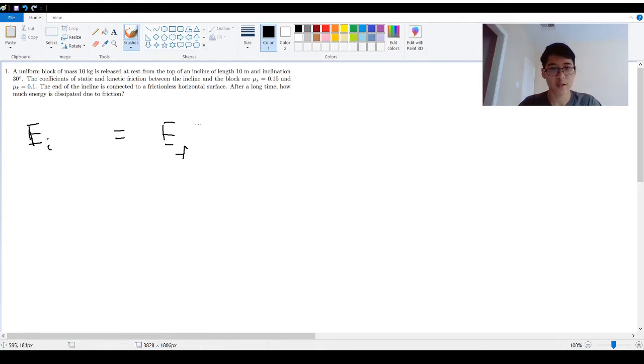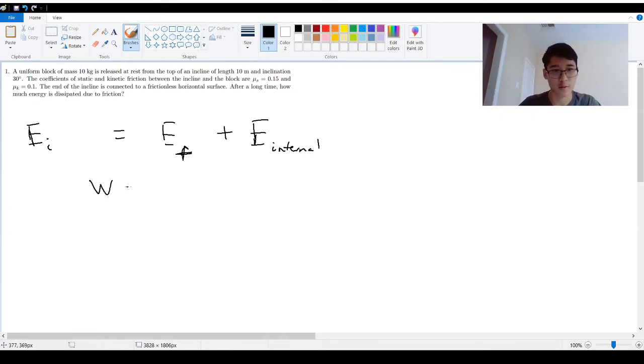So what we can write is that we have an initial energy without any energy loss due to friction, and then in the energy final we have the kinetic energy, and we also have some energy that's going into the internal energy of the system that's caused by friction. And how we can find this is by using work.